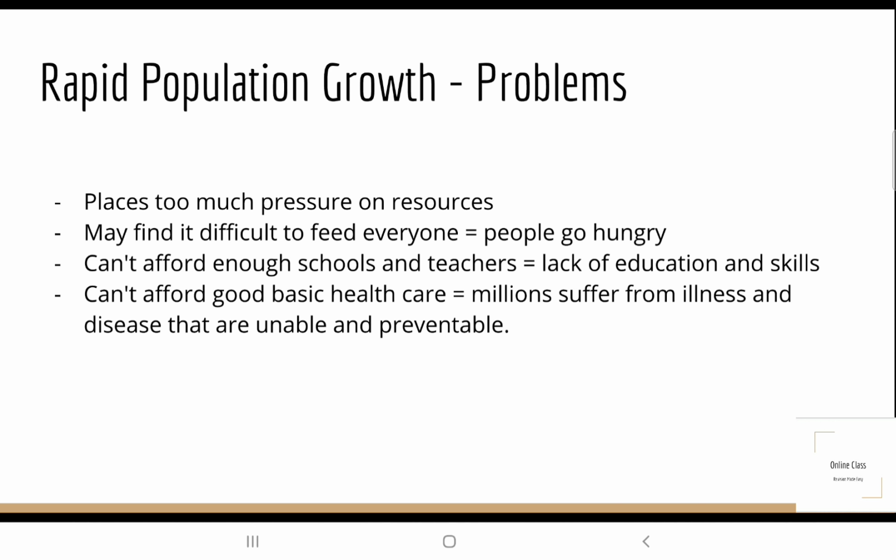There aren't enough schools and teachers, which means there will possibly be a lack of education and skills. And basic health care: the country can't afford good basic health care, which in turn means that millions will suffer from illnesses and disease that are preventable.